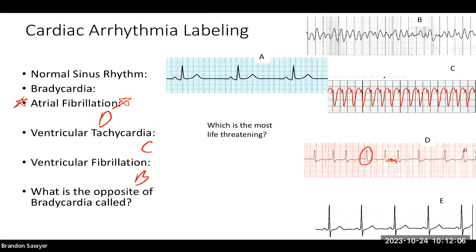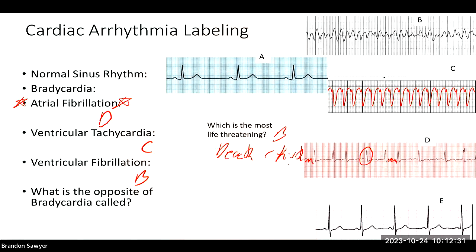VFib, for sure. That's known as the death rhythm. Which one would a defibrillator shock for? B and C for sure, definitely VFib and VTach.